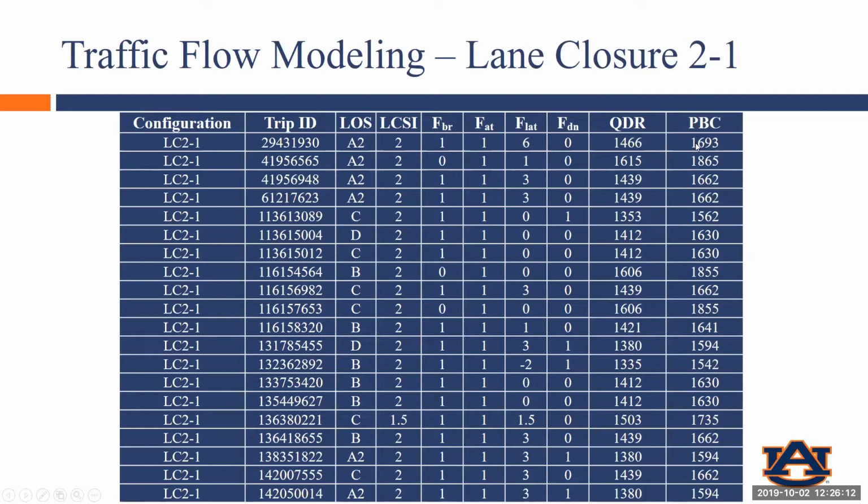Because every trip happened in a different location, you see the queue discharge rate and the pre-breakdown capacity are a little bit different because all the inputs from here are different.